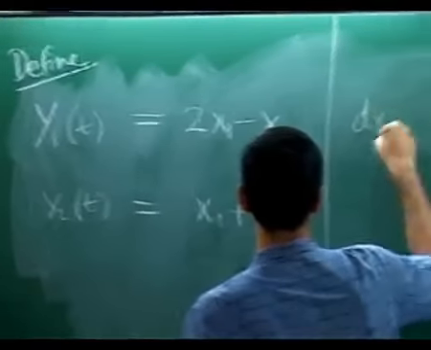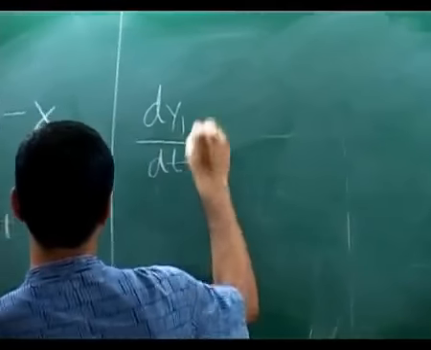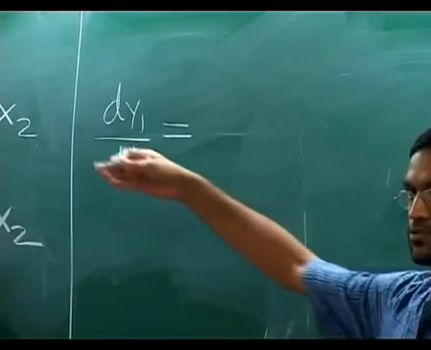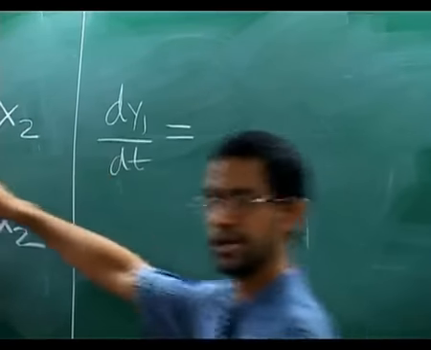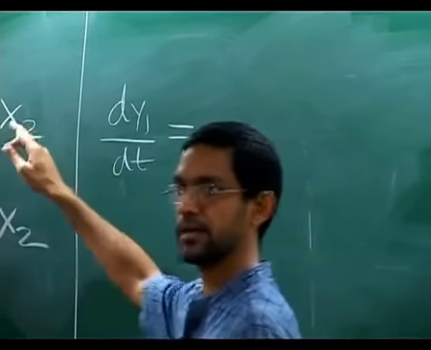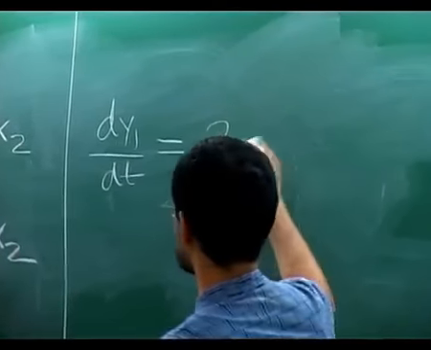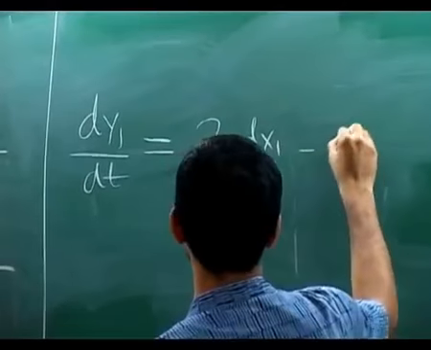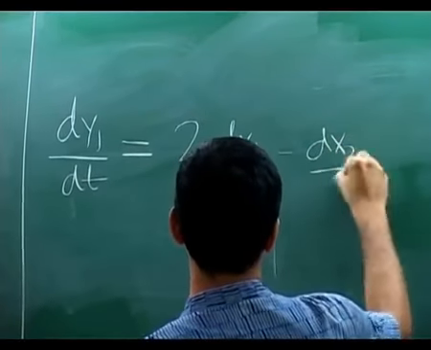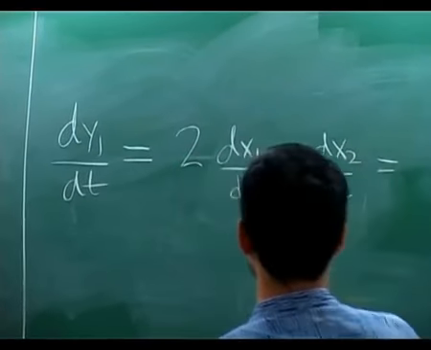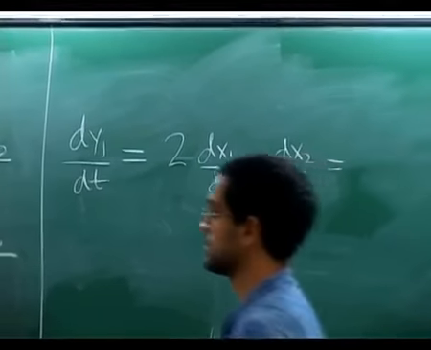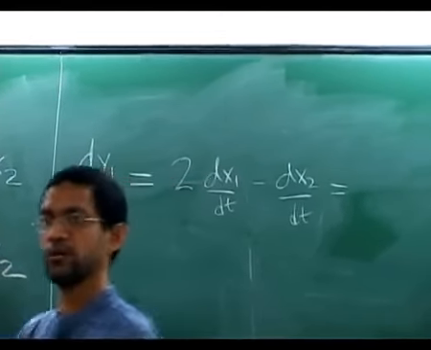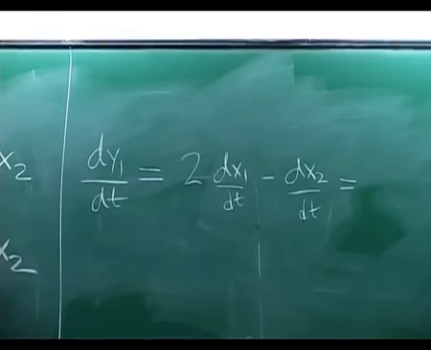I want to find the equations for my new variables. What is dy1 by dt? It's 2 times dx1 dt minus dx2 dt. dx1 dt I know from those equations is 2x1 plus x2.